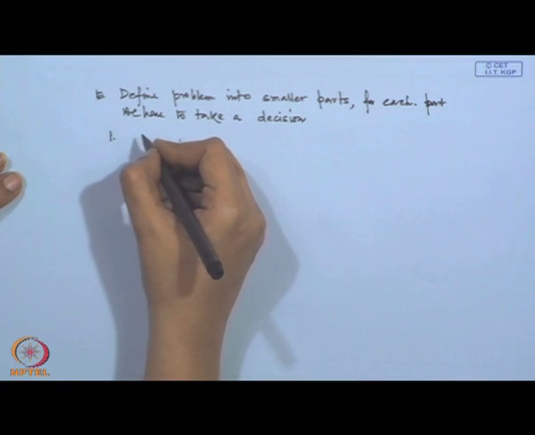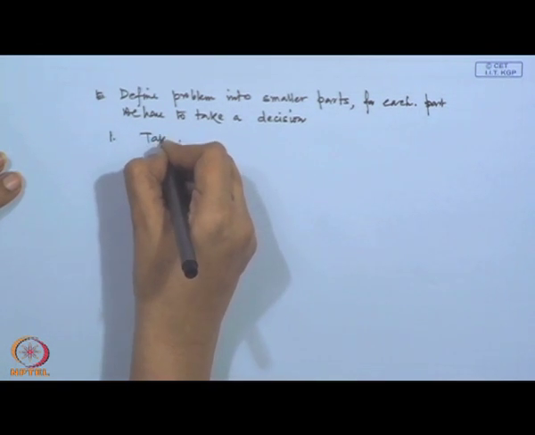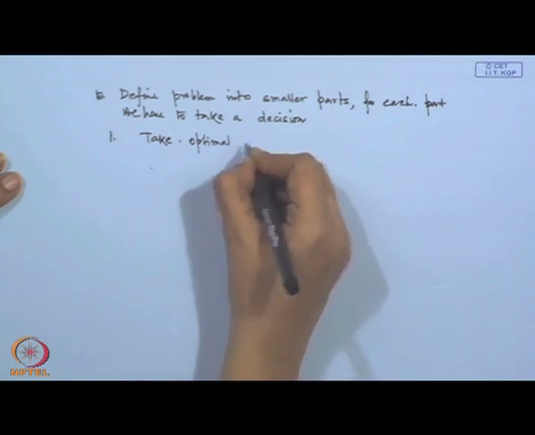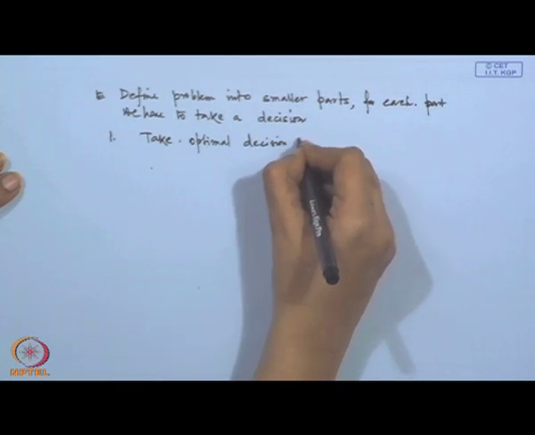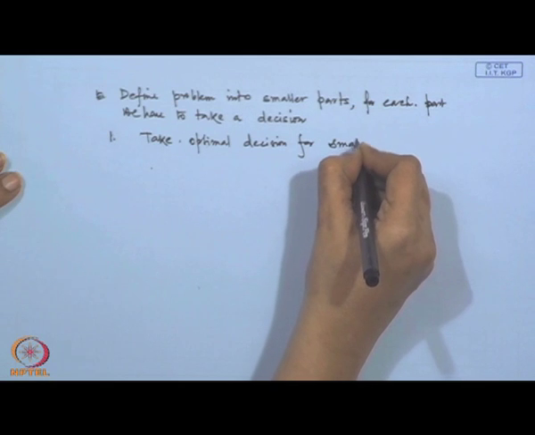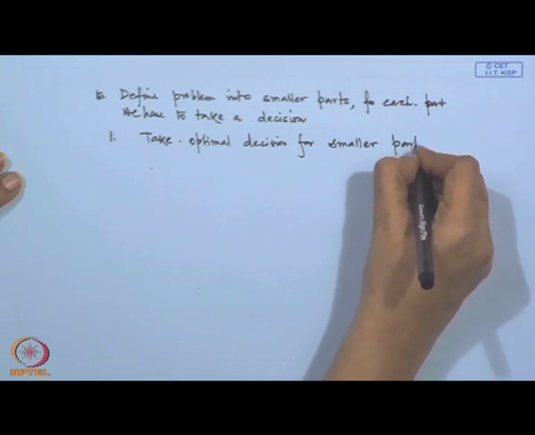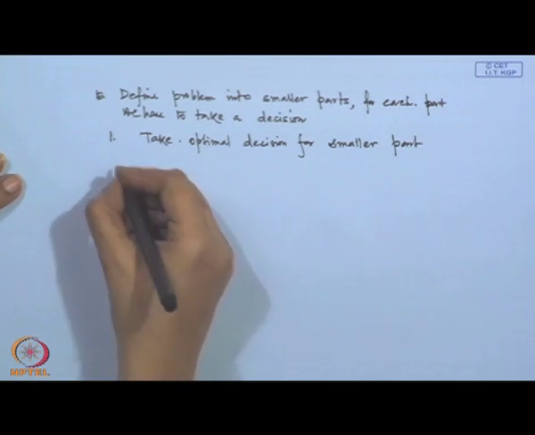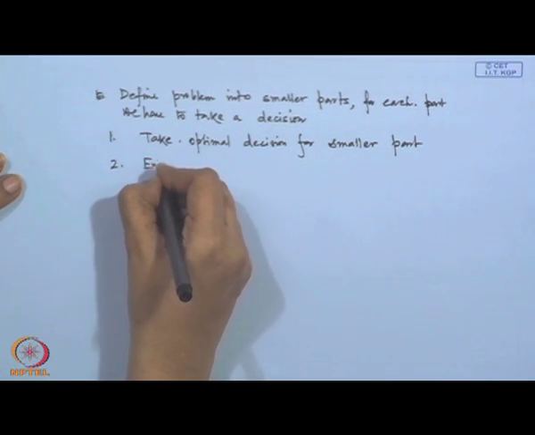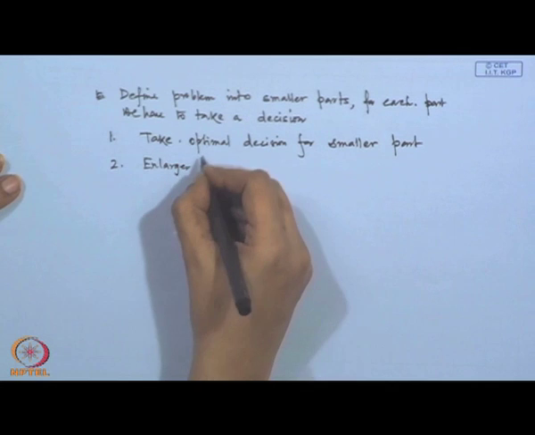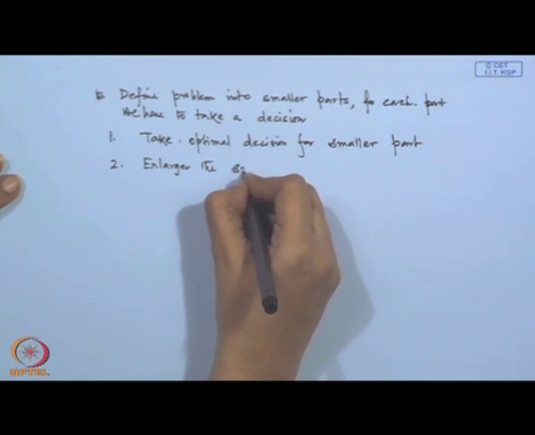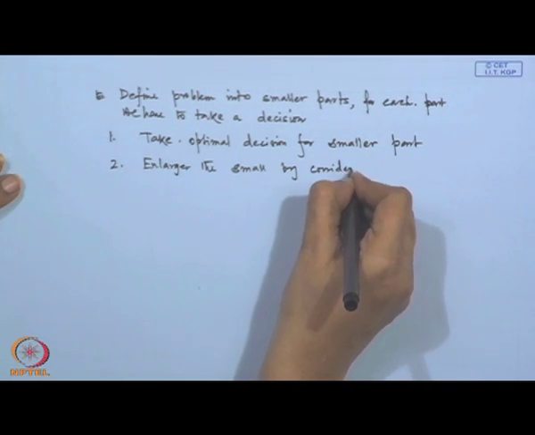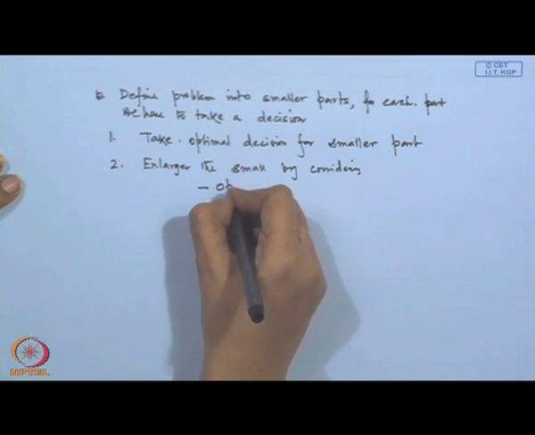This is the basic approach for dynamic programming. Now, we will take a small part of it and take the optimal solution for the small part. Since we have considered a subset of the whole problem and taken the optimal decision for the smaller part, then we have to enlarge the small problem by considering the optimal solution of the previous problem.